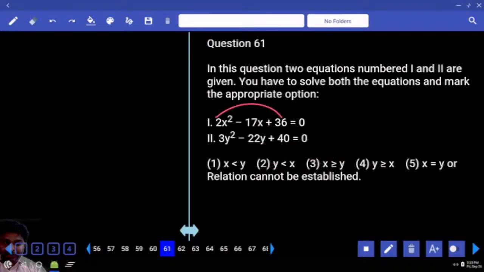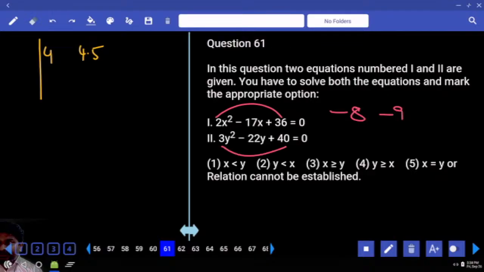Product is 72. Combination is minus 8, minus 9, minus 17. Then factors are 4 by 2, 8 by 2, 9 by 2, 4 comma 4.5. Directly write, I am writing. Product is 120, 10 into 12, then combination is minus 10, minus 12, minus 22 is the sum.